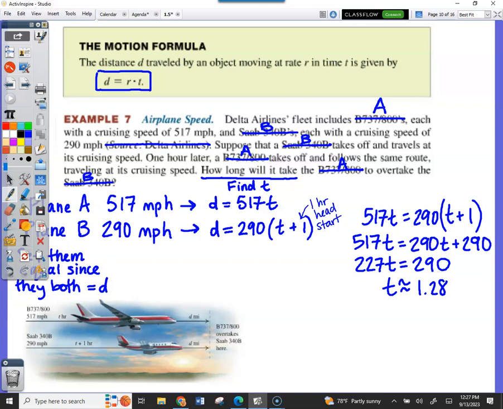Is 1.28 an appropriate answer? No. Mathematically, it's the right answer, but in terms of the problem, is it the appropriate answer? A lot of times people think the decimal refers to how many minutes, which is a very common mistake. The whole part refers to hours, so it's definitely 1 hour.